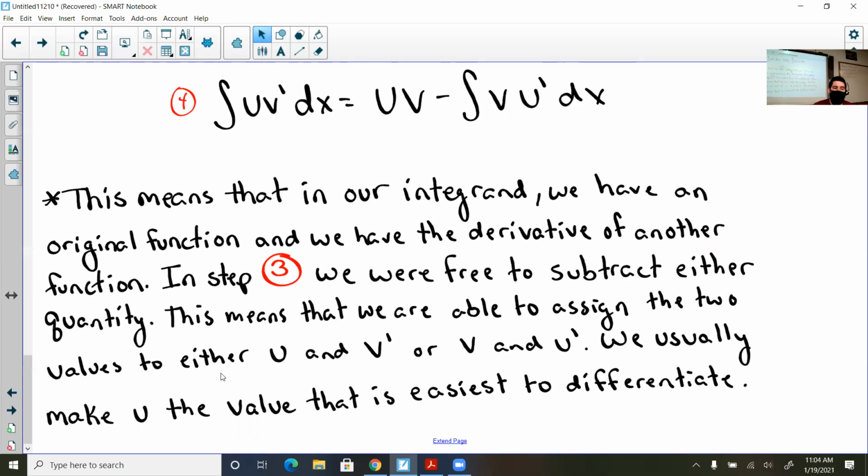We usually try to make the u the easiest to differentiate, because once we have the u and the v prime, we're going to take the derivative of u and the antiderivative of v prime. So we're going to have 4 values, and they will all be found based off of our original integrand.